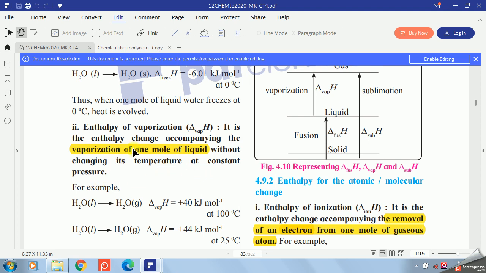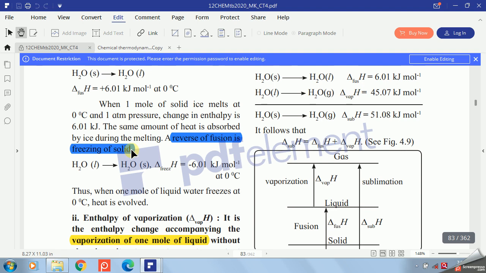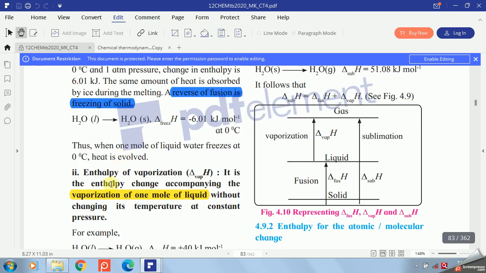If we observe these two definitions, enthalpy of fusion and enthalpy of vaporization, most of the words are common. In fusion the word is solid, here it is liquid, and the remaining wording is the same. So it is very easy to remember: if we remember one definition, we can write the other definition by observing only the process.